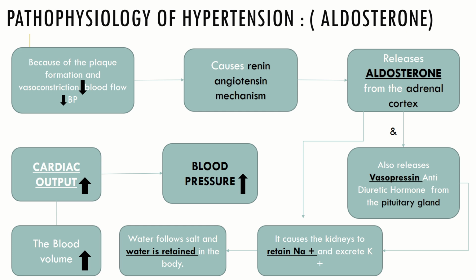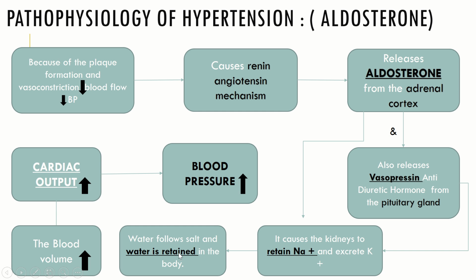Antidiuretic hormone in the sense that the body thinks I have to increase the blood pressure, so I am not going to let the water out of the body, I will just save the water. So the kidneys will retain the sodium and excrete only the potassium, because water follows the salt.